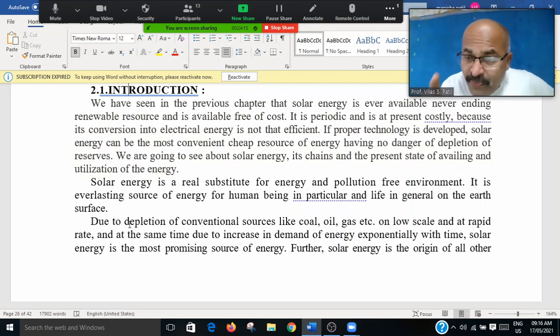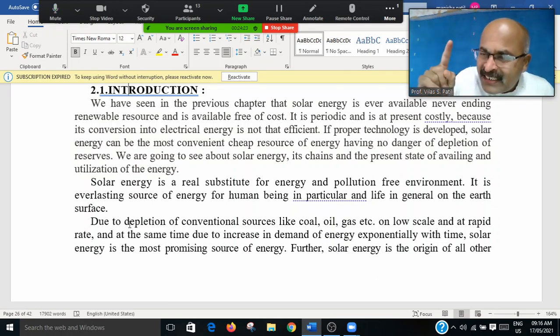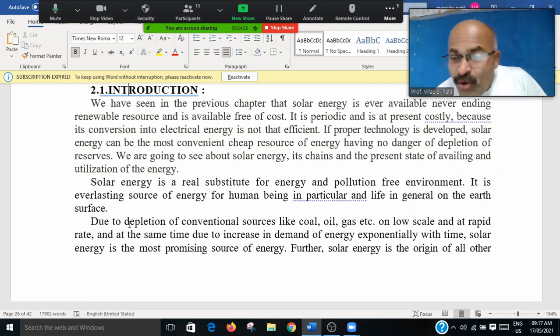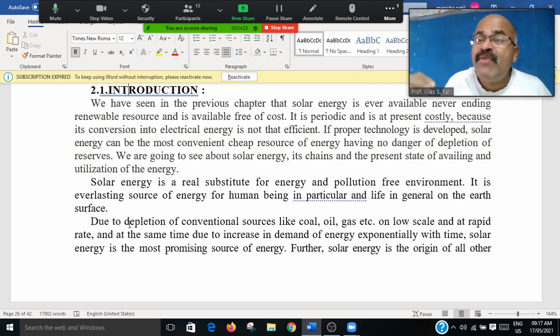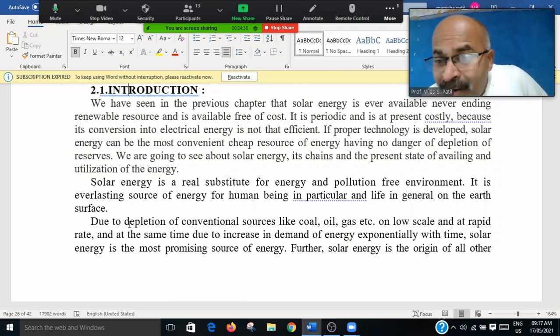Hence, if this type of knowledge is given to new physicists, that is you, then one can develop new, very efficient fabrication technology, and then the conversion of solar energy into electrical energy will come to an affordable level for the general person.